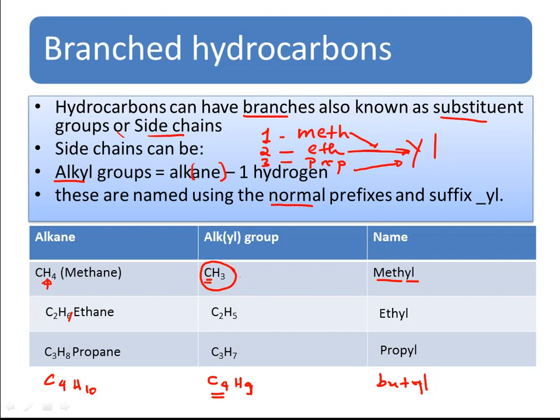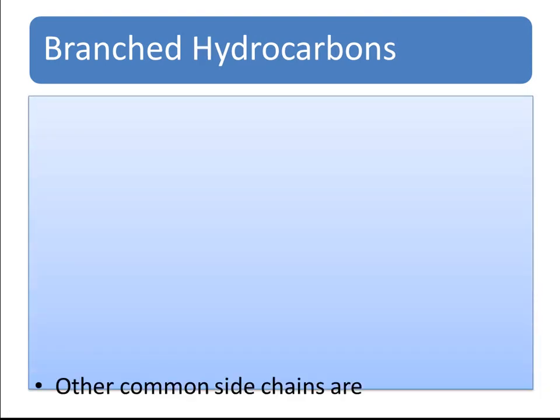Most of the time, once you start to have a side chain in the order of 5 carbon atoms, 6 carbon atoms, highly likely you might have made a mistake on identifying your longest chain of the hydrocarbon.